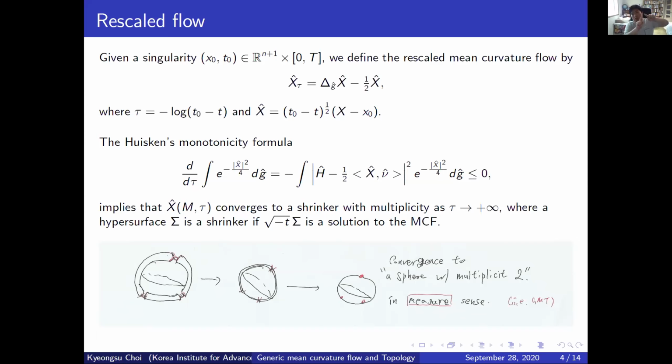You can consider two copies of S2 around the great circle, and you connect them by some necks. If you add more and more necks, the minimal surfaces with many necks get close to multiplicity 2 S2. So in this example, to find a sequence of minimal surfaces converging to multiplicity 2 S2, you have to keep adding more and more necks. I see.